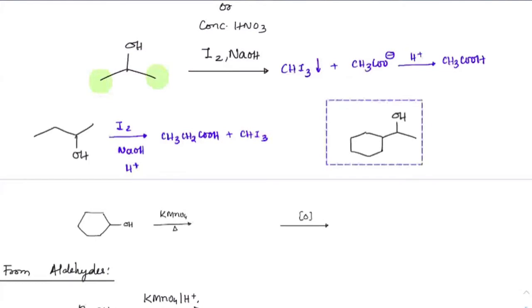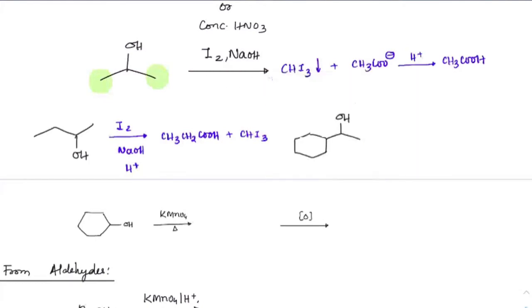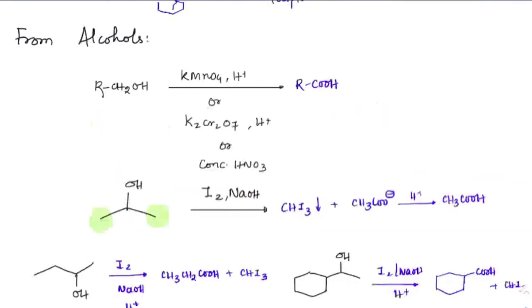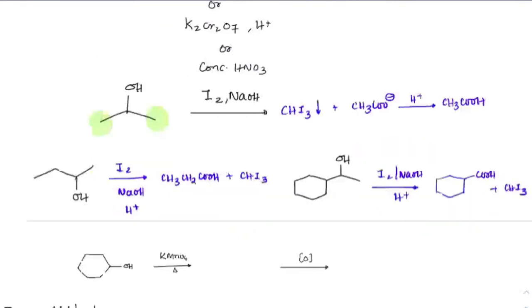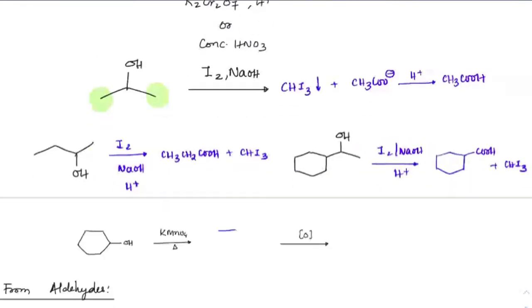Here also, if you treat that with I2/NaOH followed by H+, we will get COOH plus CHI3. Make a note fast of how it is done from alcohols. If it is a secondary alcohol, we just saw that first it will become a ketone, a cyclic ketone. The cyclic ketone will break into adipic acid in this case.